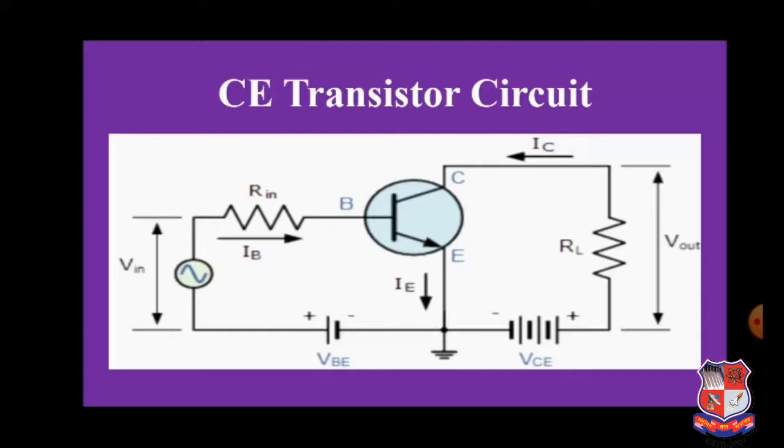Again here the current is flowing out from the emitter terminal, and hence this transistor we can say is also a PNP transistor.